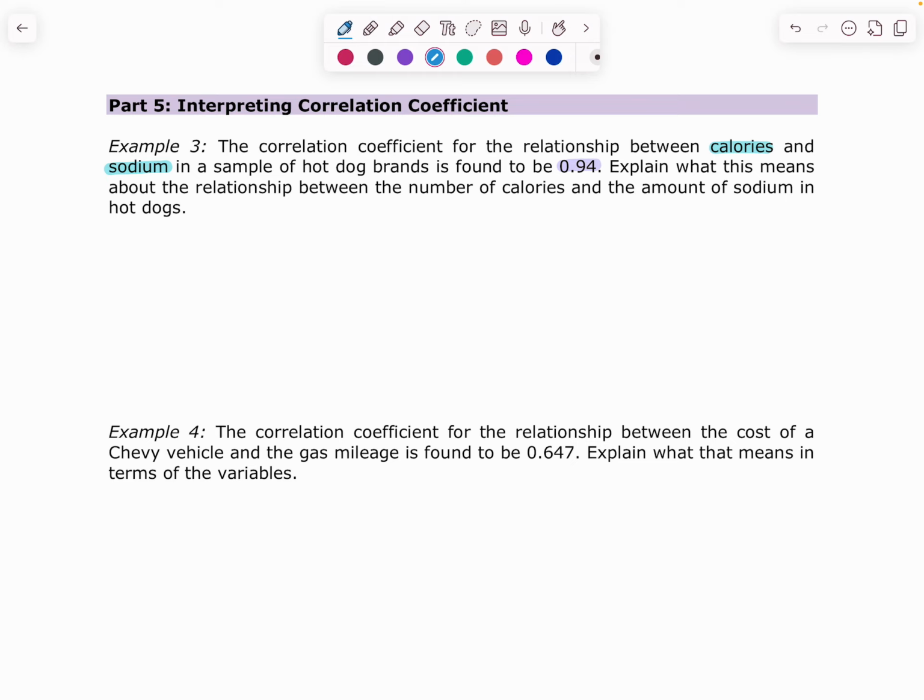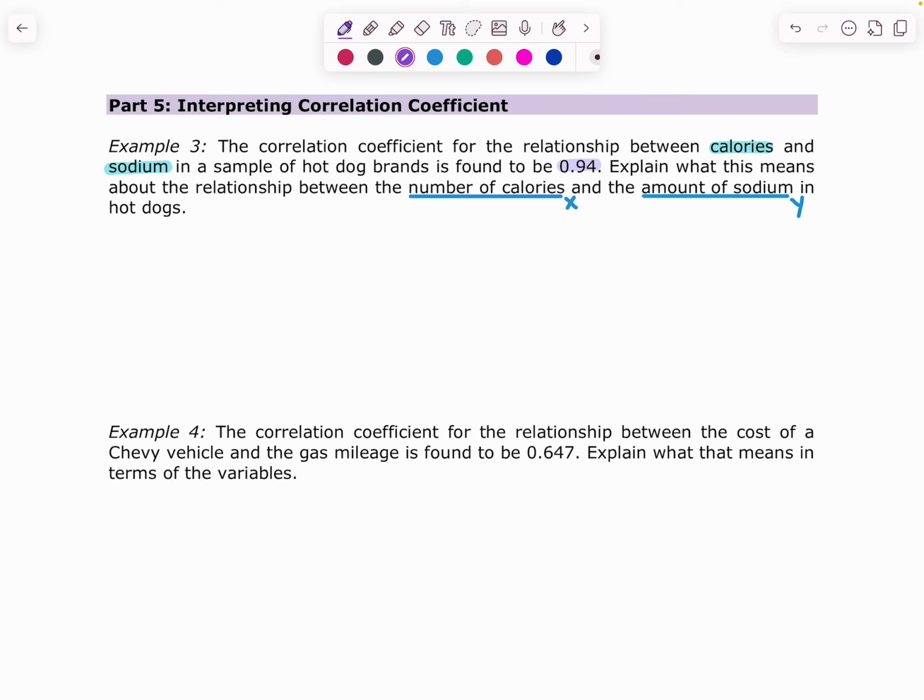Well, because the sentence says, explain what this means about the relationship between the number of calories and the amount of sodium, I'm going to go ahead and say that the calories was the X and the sodium was the Y. I don't have a lot of information to go off here, but that's what I'm going to say.